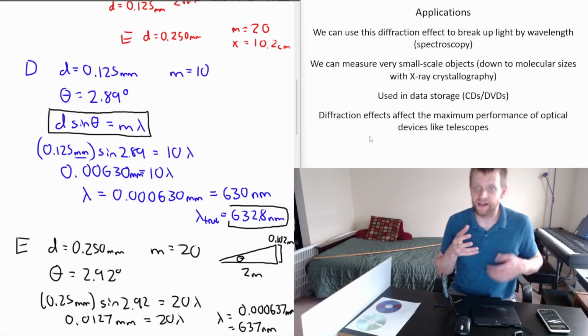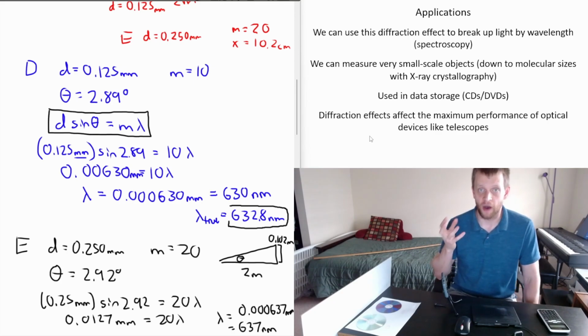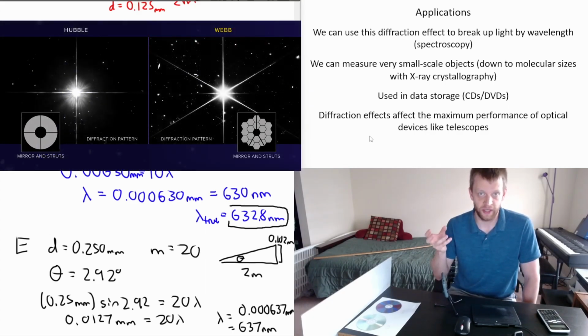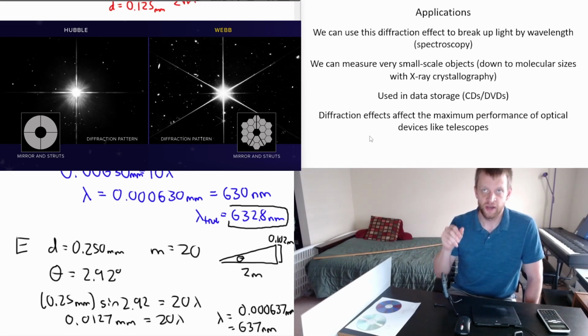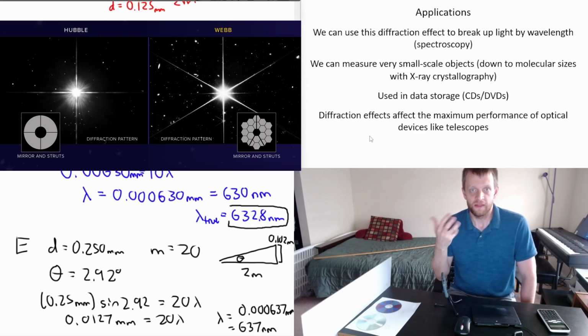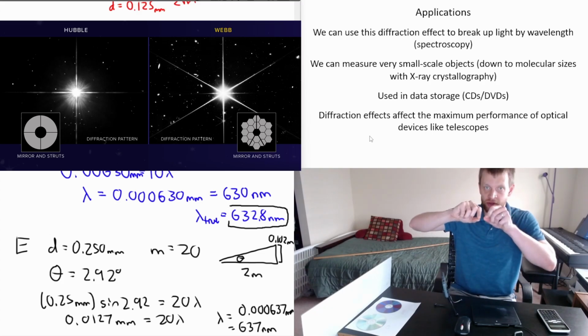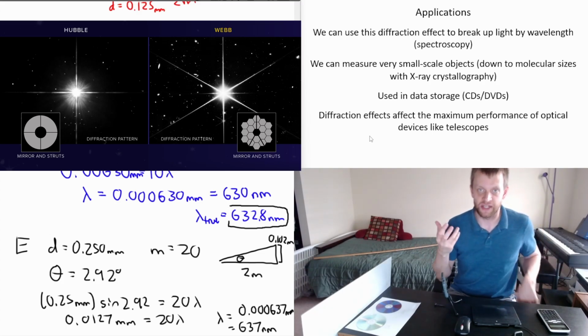This also affects the maximum performance of optical devices like telescopes. So, for example, in pictures from the Hubble telescope or the James Webb telescope, when you sometimes see those spikes on objects, kind of a cross spike for Hubble images and kind of that 6 spike with the 2 extra little smaller spikes on the side, that has to do with how light is diffracting around certain structures inside of the telescope itself.